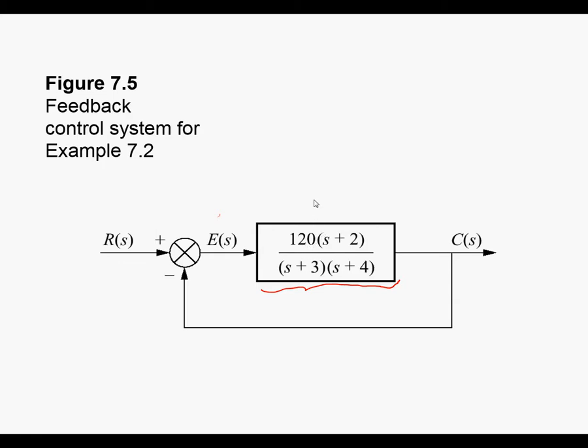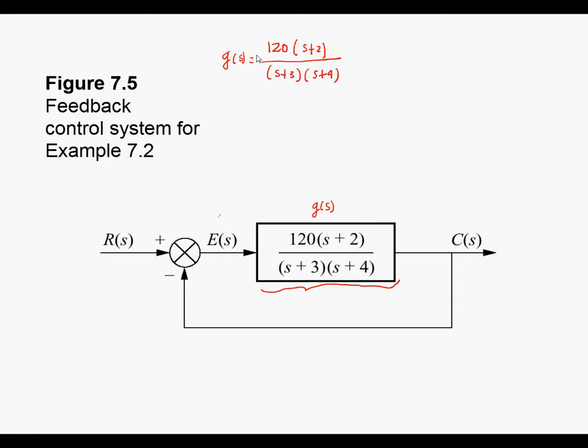Let's call it G of S, because that's how I would like to define it in MATLAB. So we could enter in MATLAB a transfer function G of S equals 120 times S plus 2 divided by S plus 3 times S plus 4.